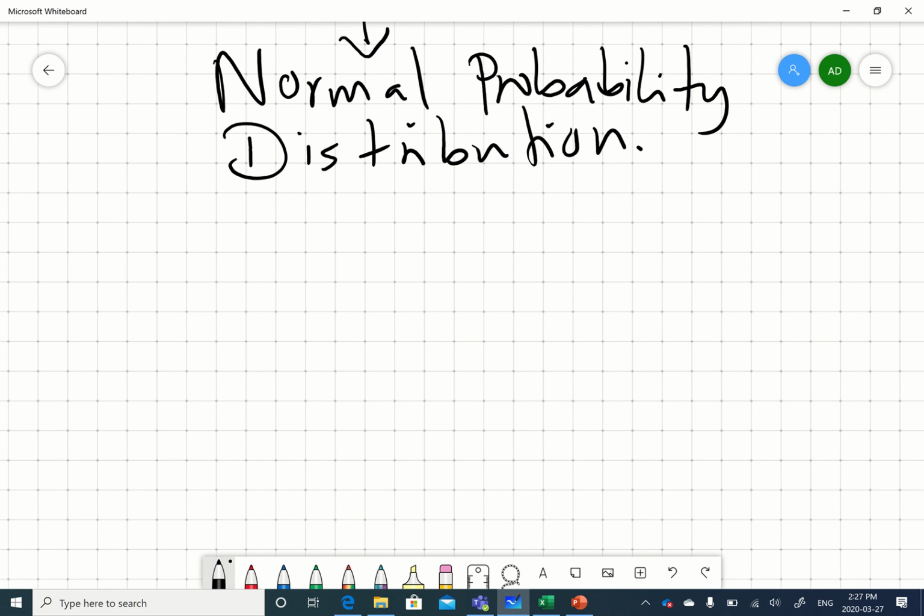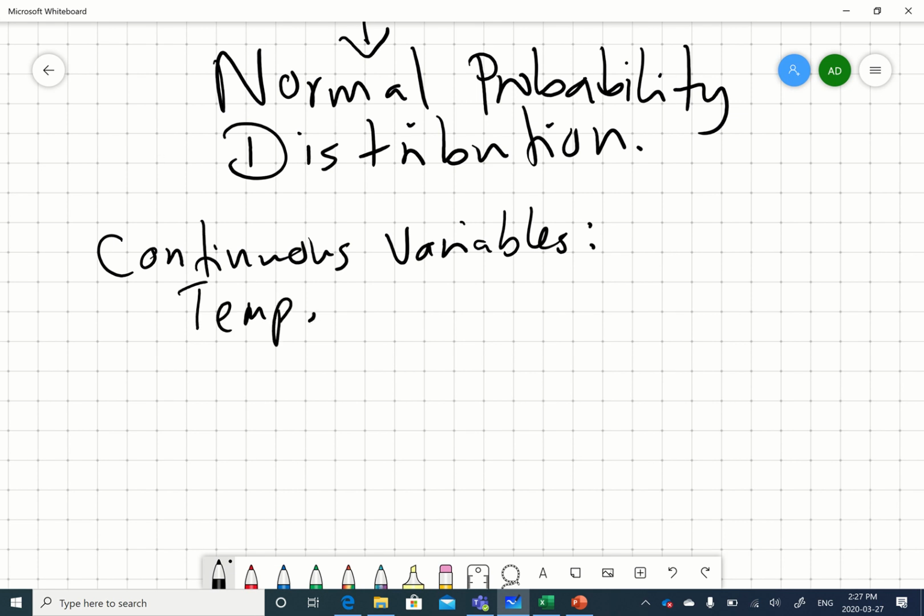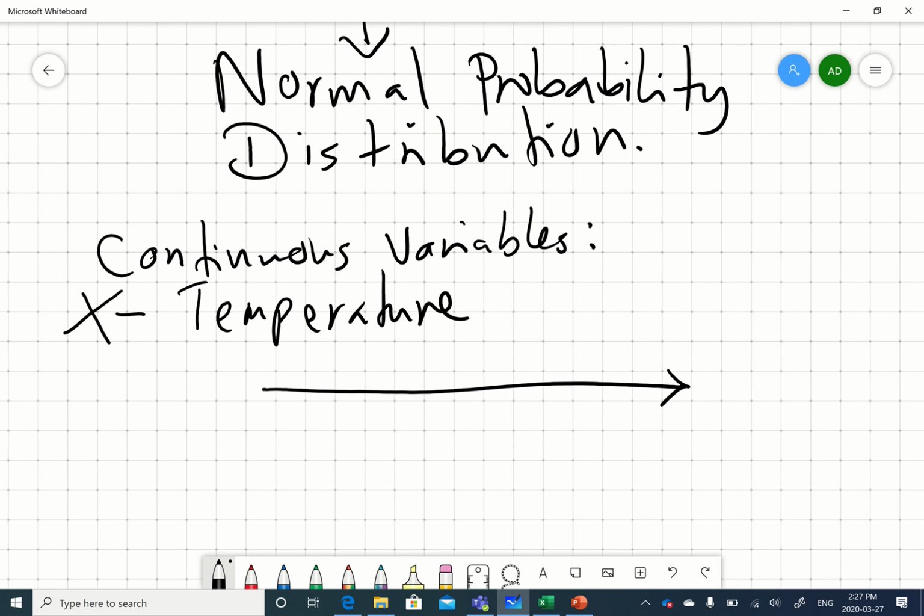So when you think about continuous variables, let's take a couple of examples. Temperature. It's a continuous variable, right? When you think about its possible values, if I name this x, on the x-axis the temperature can vary from 0 Celsius to 50 Celsius.